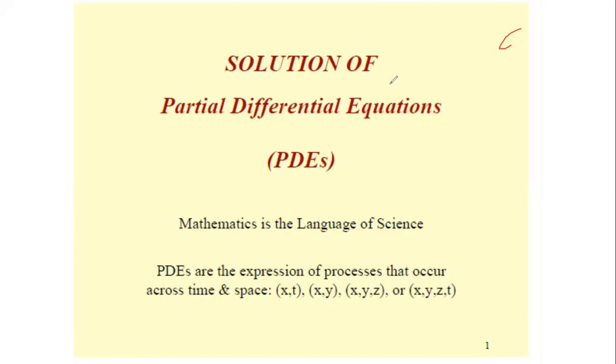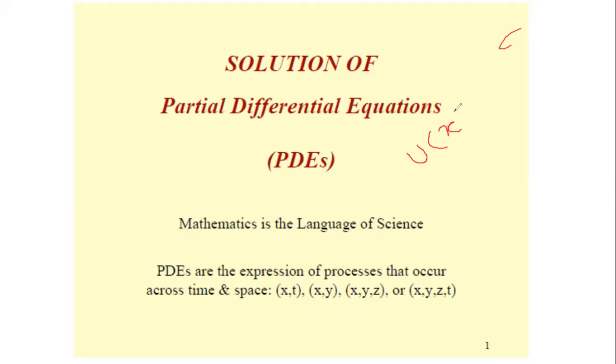All right. So we will study partial differential equation. I think everybody knows the difference between ordinary differential equation and partial differential equation. In ordinary differential equation, we are dealing with a certain function, let's say u, which is a function of a single variable.